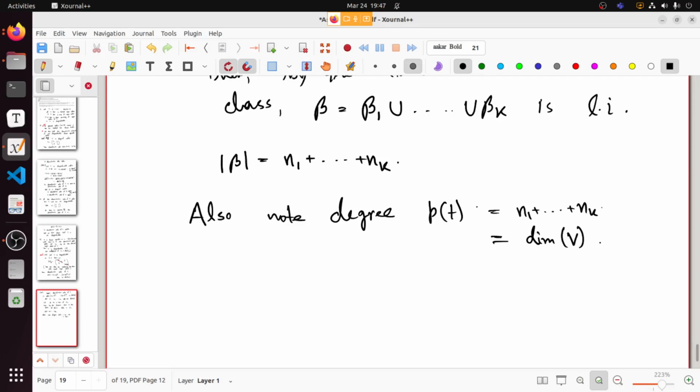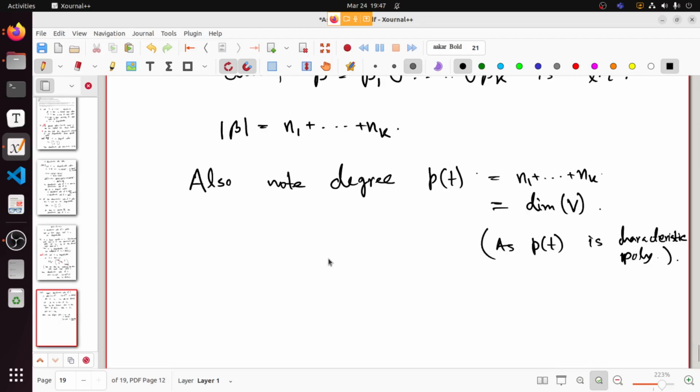Because p(t) is the characteristic polynomial. Therefore these two are the same, so the cardinality of beta is the dimension of V.